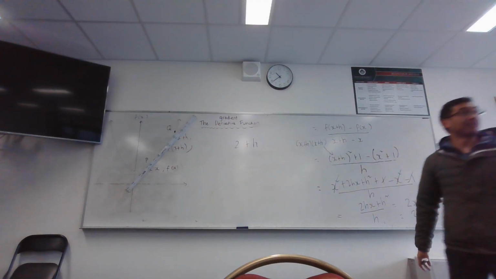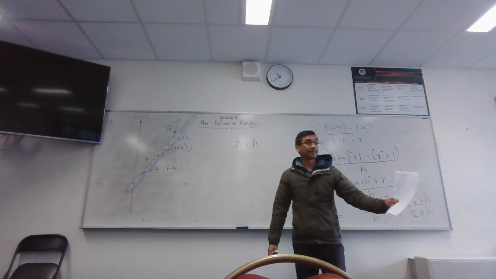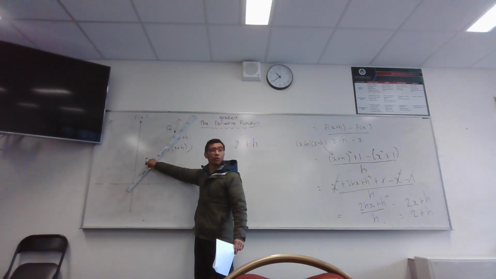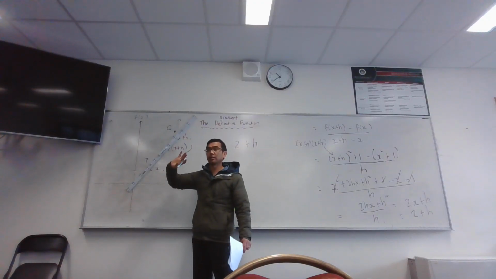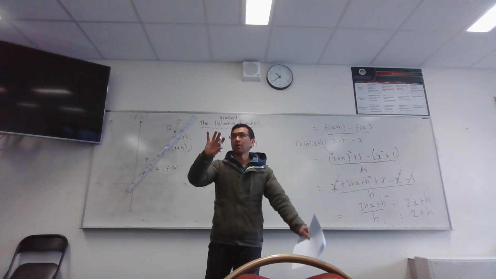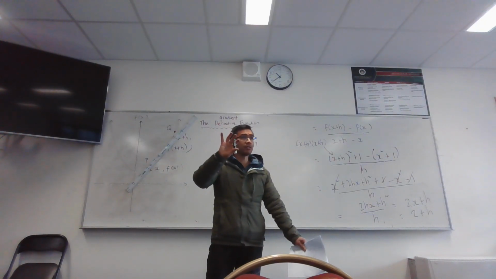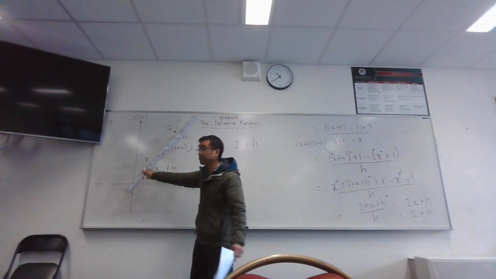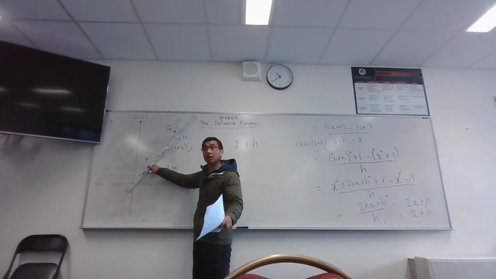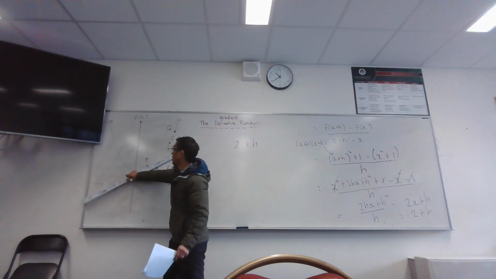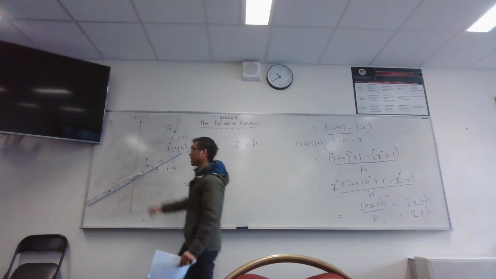Find the gradient at which point? We want it back at P. What's the value of x at P? It's 1. So we're trying to get back to 1.